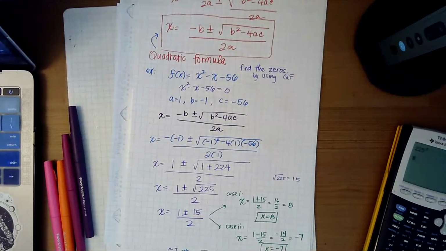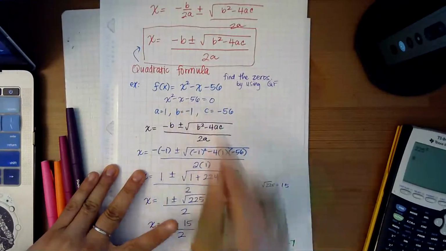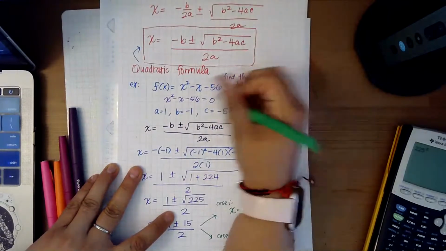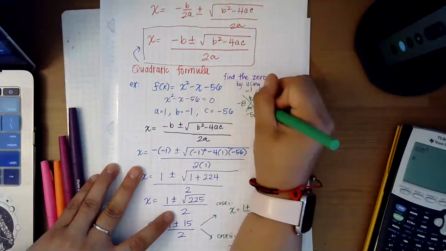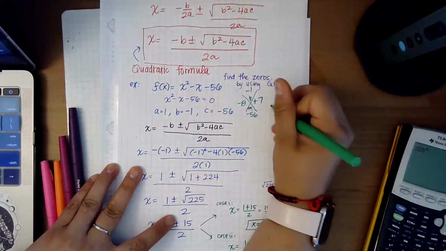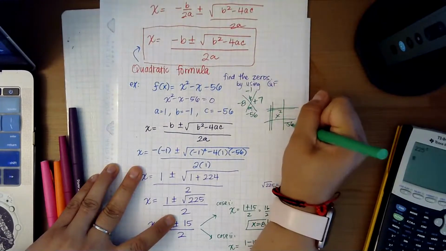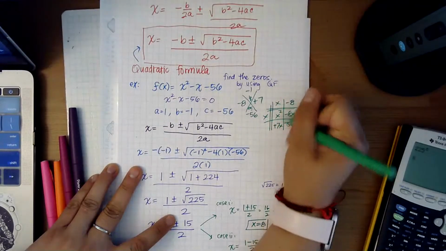So I found the values. Let's see if we can compare this. I want to see if I get the factored form. So I'm going to play my little game, b plus ac, and I have -1 and -56. That means I have a -8 and a +7. So when I put it into my box, I get x squared minus 8x plus 7x minus 56.